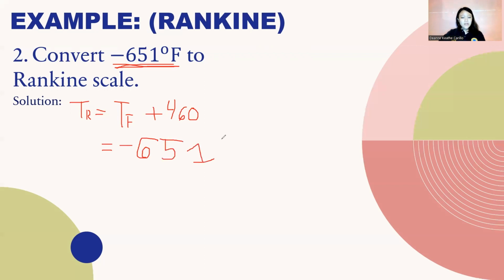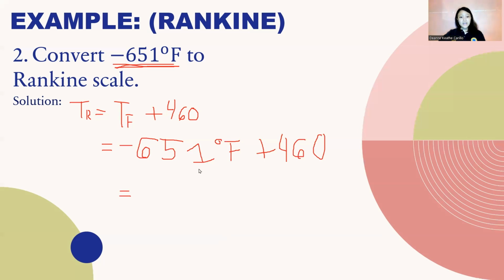Negative 651 degree Fahrenheit plus 460 is equals to, let's use our calculator, negative 651 plus 460.